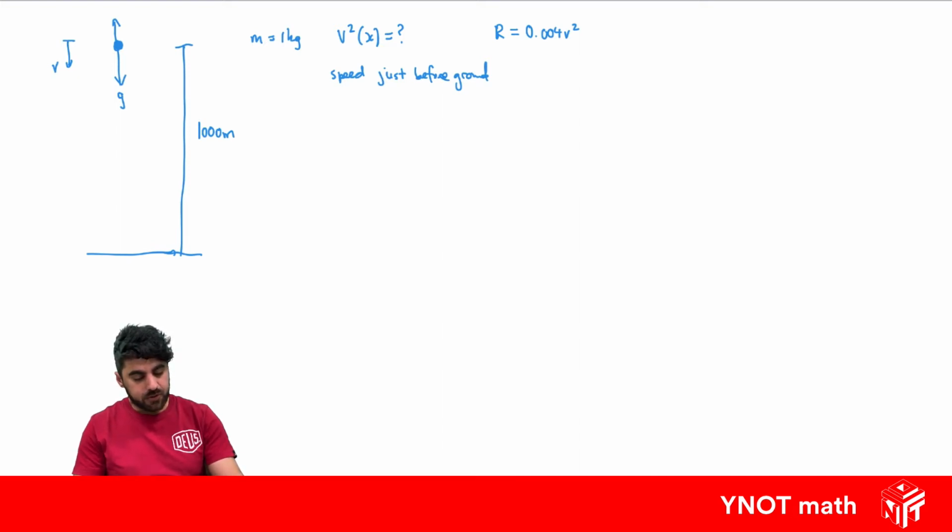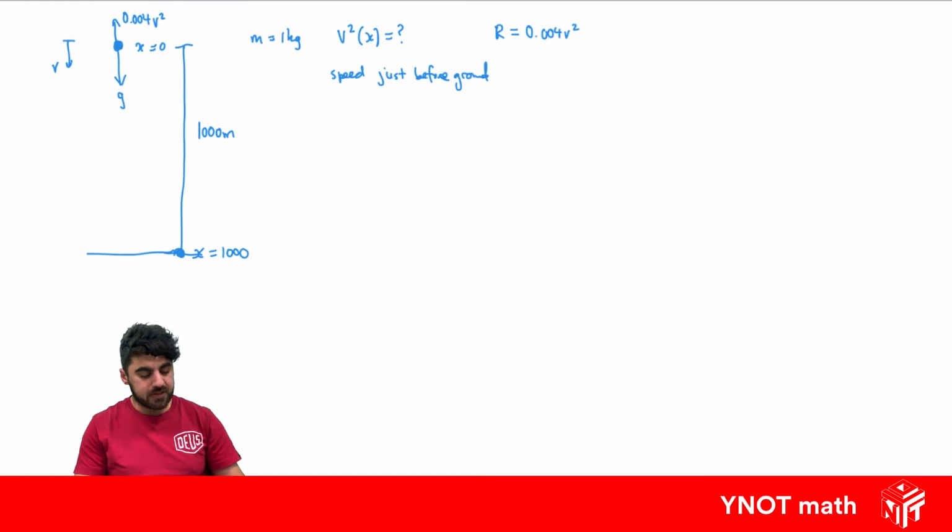The resistance we know is equal to 0.004 times v squared. Remember, our starting point we're referencing as x equals 0. Since downwards is going to be the positive direction because it's moving, this point down here at the ground is actually going to be x equals 1,000.